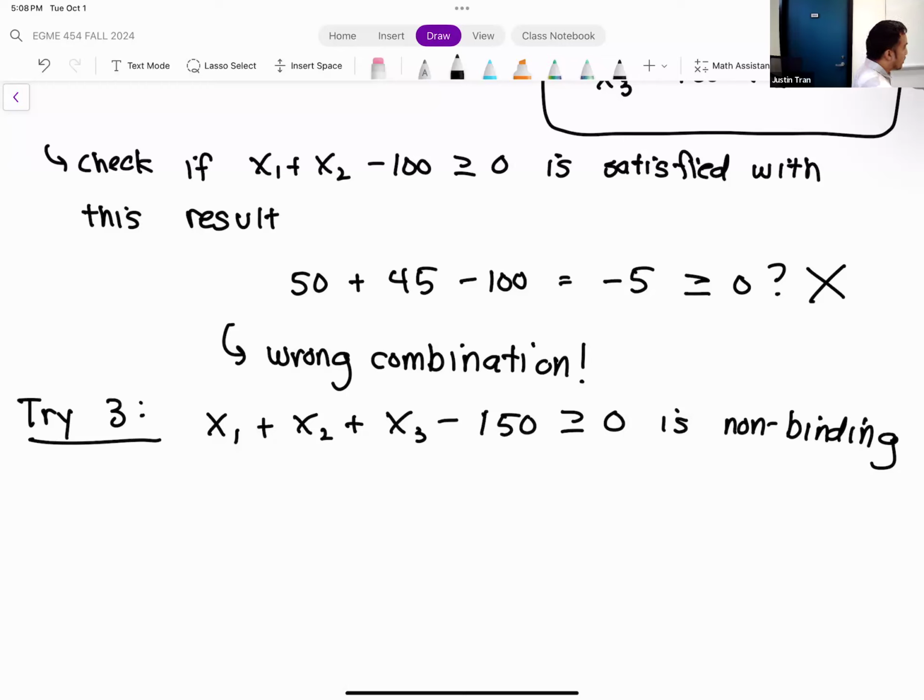So maybe you can kind of already tell what's going to happen here. If you look at our other two constraints, this is the only one that places a constraint on x3, right? So constraint 1, constraint 2, those put constraints on x1, x2. If we ignore this constraint, then there's nothing constraining the value for x3.